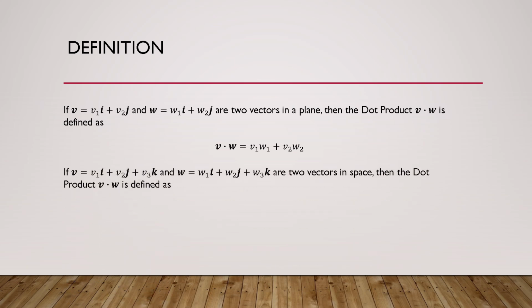If v equals v1i plus v2j plus v3k and w equals w1i plus w2j plus w3k are two vectors in space, then the dot product v times w is defined as v times w equals v1 times w1 plus v2 times w2 plus v3 times w3. Note that the dot product of two vectors is a scalar product.